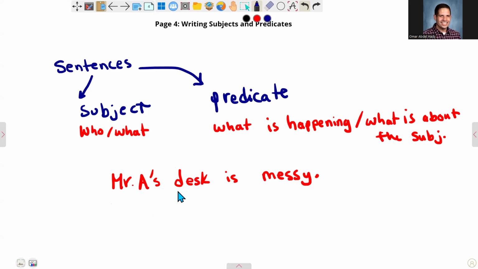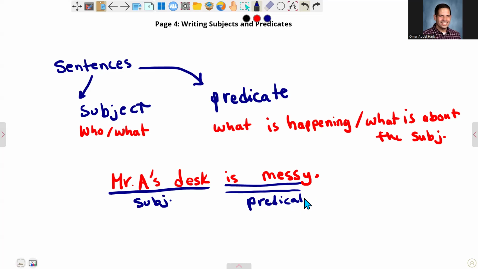The topic of this sentence is about Mr. A's desk. So that is our subject. Okay. Now, is messy, that part is the predicate. It tells us about the subject. It tells us what's going on in the situation that this sentence is describing or giving a fact about.